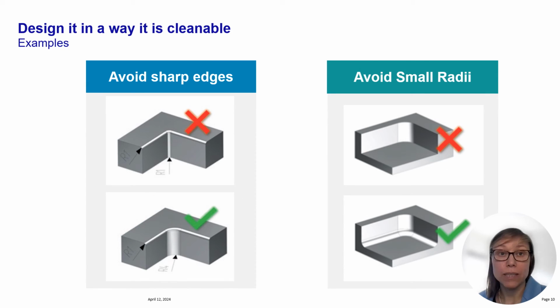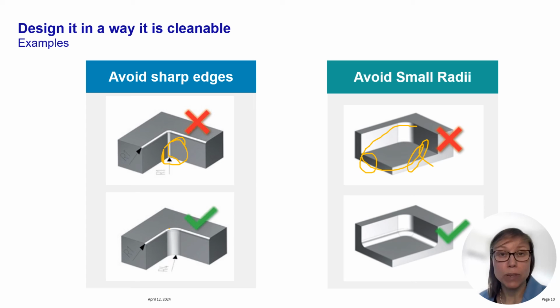If the part gets dirty, the next option is to clean the part. Let's make the parts dirty. Everywhere are particles. Now, it's much easier to clean with round edges and big radii.